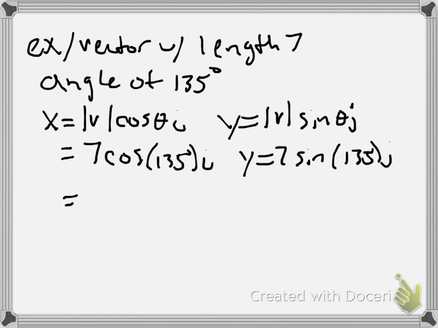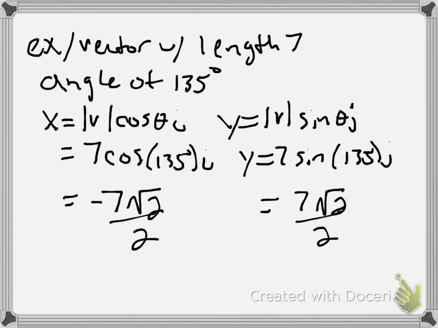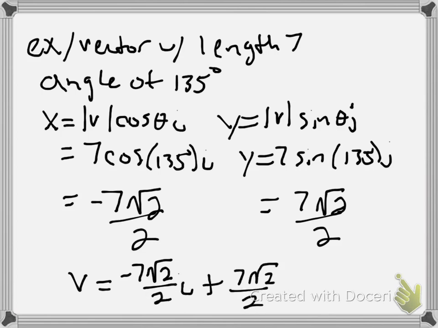We know our cosine of 135 is negative square root of 2 over 2. If I multiply that with the 7, I end up with negative 7 square root of 2 over 2. My sine value is positive square root of 2 over 2, so multiplying by 7, we get 7 square root of 2 over 2. Written in terms of i and j, it would be negative 7 square root of 2 over 2 i plus 7 square root of 2 over 2 j. So we're just going through and writing that in terms of i and j.